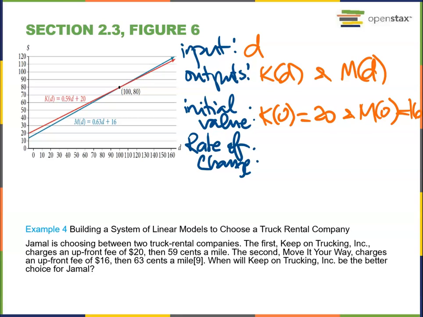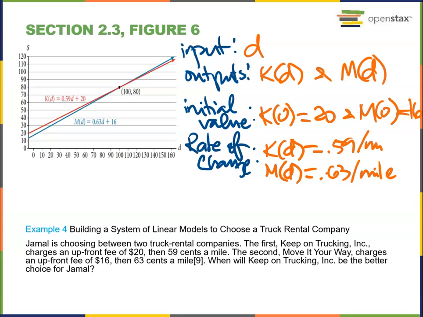The rate of change for K of D is 59 cents a mile, so 0.59, and for Move It Your Way it is 63 cents per mile. With this, we will be able to write our equations.